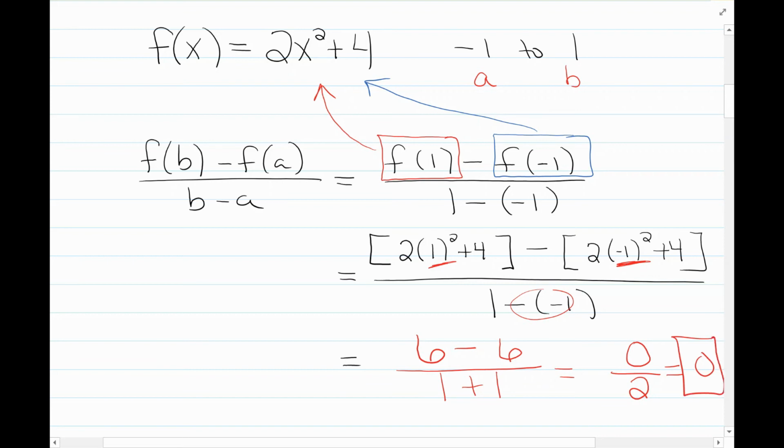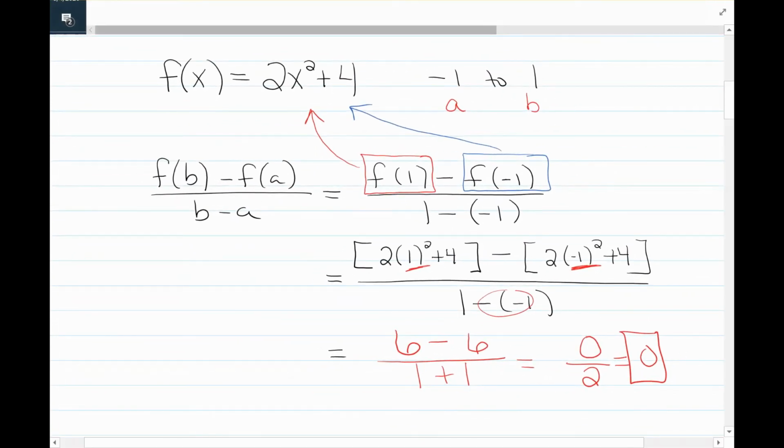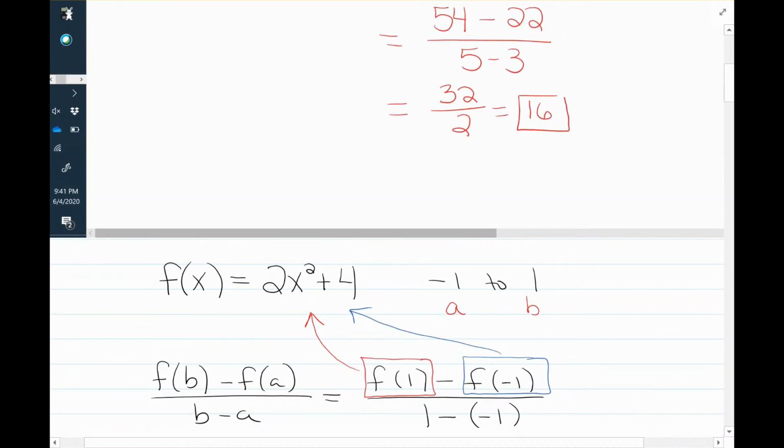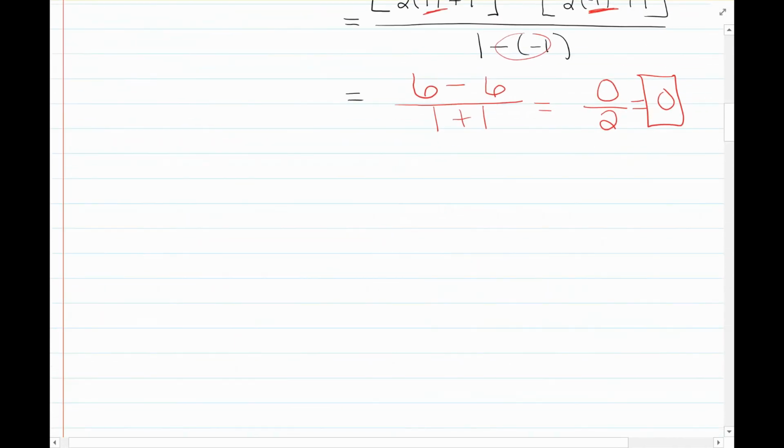So the answer for the second part of this is 0. Okay, so I have 16 and now I have 0. So let's look at the third option. It says let's evaluate from -3 to 0. -3 to 0. Let's try this one more time.